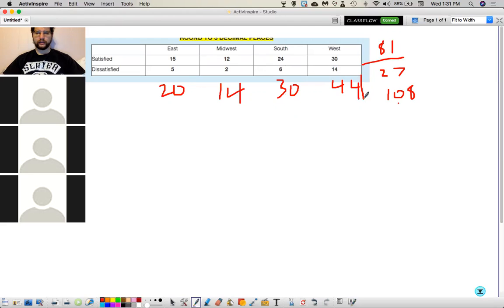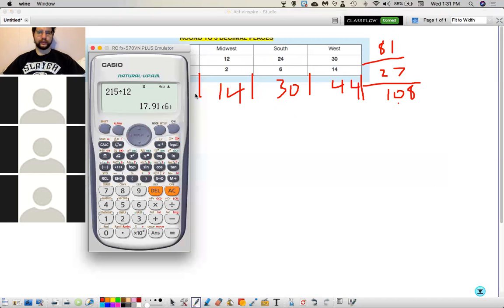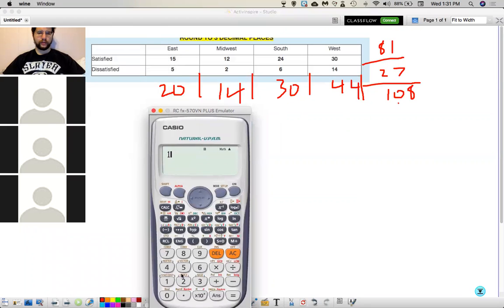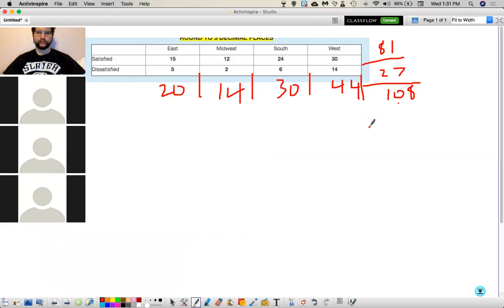And, you know, use your calculator so you don't make simple arithmetic errors, which I may have done. So to check, I'm going to add these up and make sure I get 81. If I did, I should be all good. 15 plus 12 plus 24 plus 30 is 81. Okay, these should all be good then. That's the first thing you want to do, get your totals.